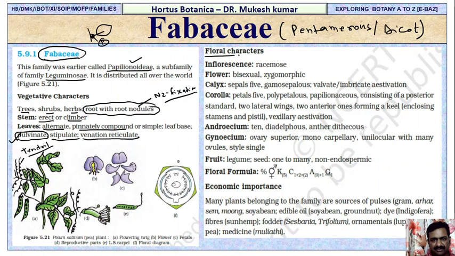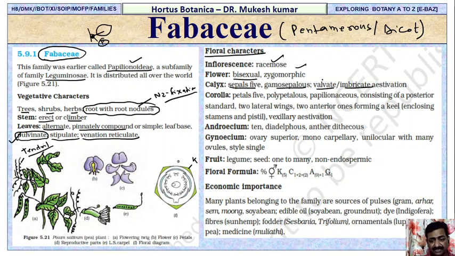Now we will talk about the flower. This is the racemose type, bisexual, actinomorphic. We have 5 sepals, they are fused, or gamosepalous. They may be valvate or imbricate. In valvate aestivation, the sepals are found facing each other.